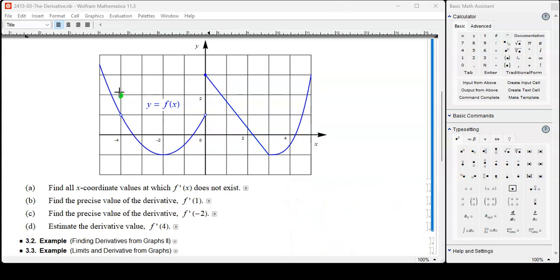Now this point here is a little bit harder to see. Let's look at various secant lines. The second reference point is getting closer and closer and closer. As I get closer and closer, what do I get? I end up with a vertical line.